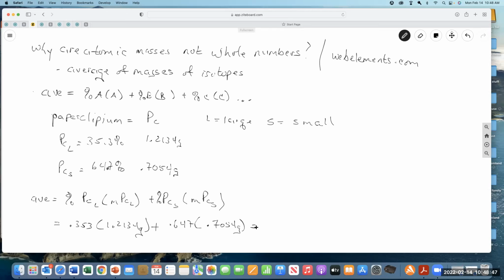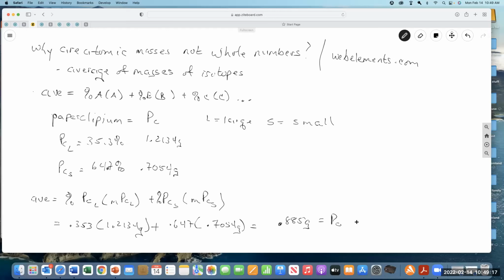And that comes out to be 0.885 grams. That would be the average paperclip. All right. See how to calculate that?